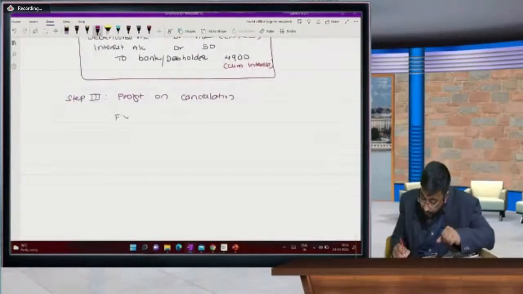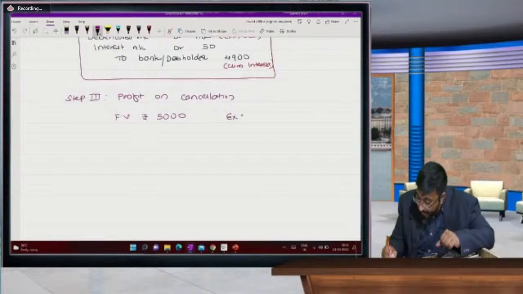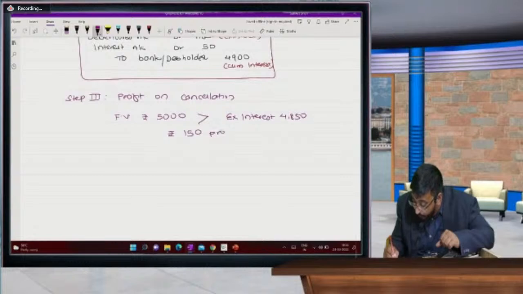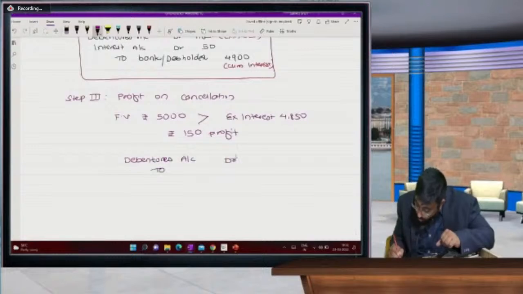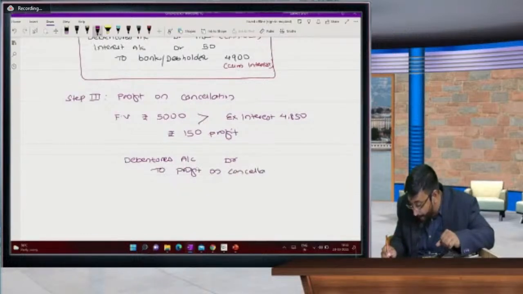See, face value is rupees 5,000 and ex interest 4850, which is less by rupees 150, so profit. So entry will be debentures account debit to profit on cancellation. 150, 150.